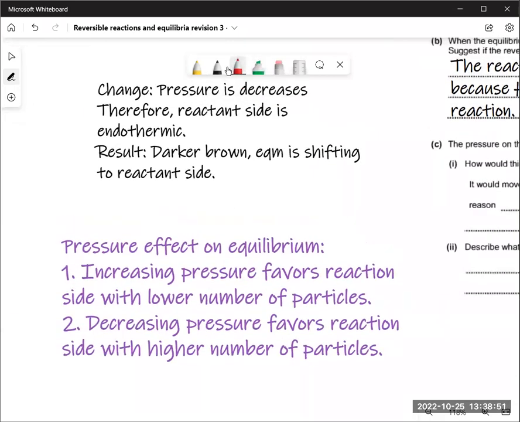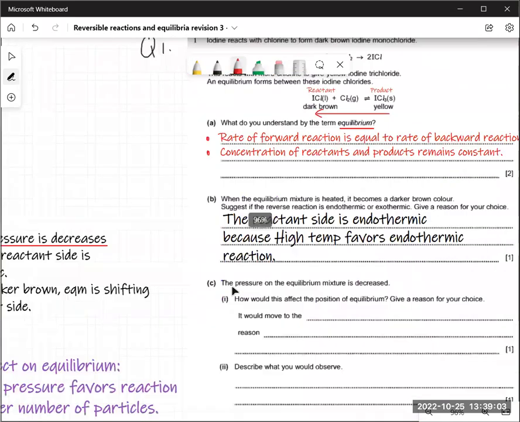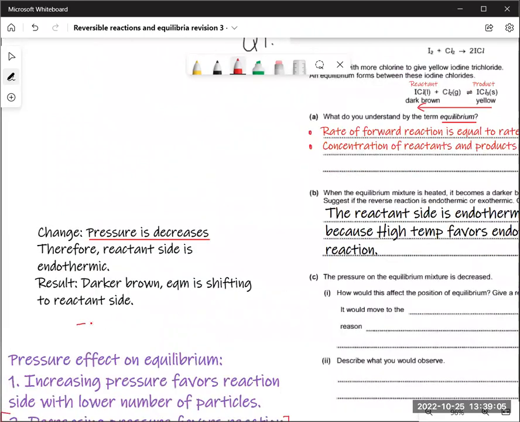What change is happening here? Is pressure increased or decreased? Decreased. So we look at the second rule. Now, Anas, based on the second rule, I'll also give you the formula right here. ICl plus Cl2 gives us ICl3.